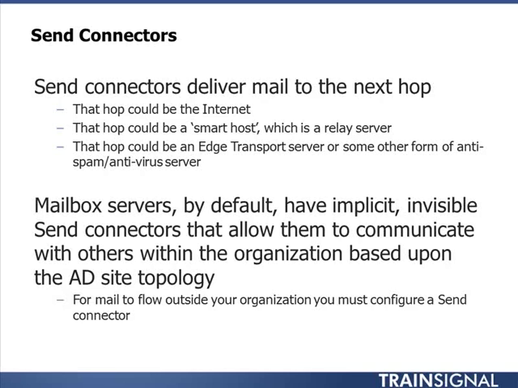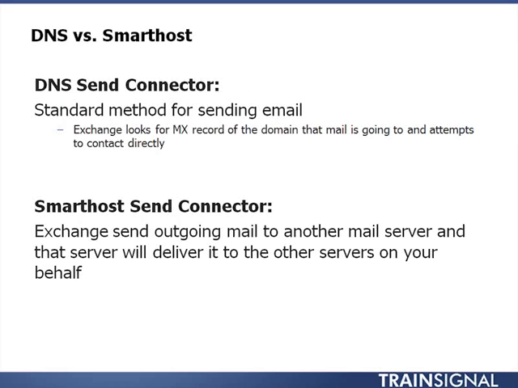Now let's take a moment and just discuss the difference between the DNS send connector that uses MX records and a smart host send connector. So when you configure a send connector to use DNS settings, which is the standard method for sending email, Exchange will look for the MX record of the domain where that mail is going, and it attempts to send that email directly to the Exchange server on the other side or the messaging server on the other side.